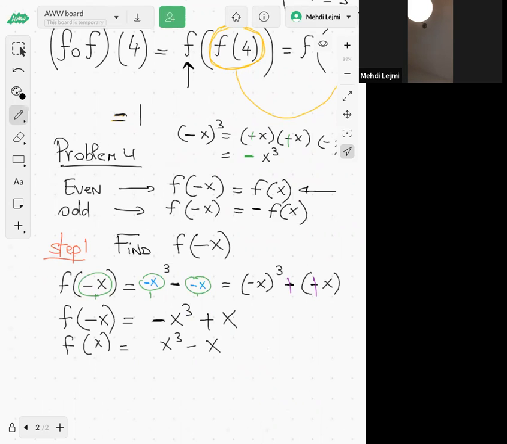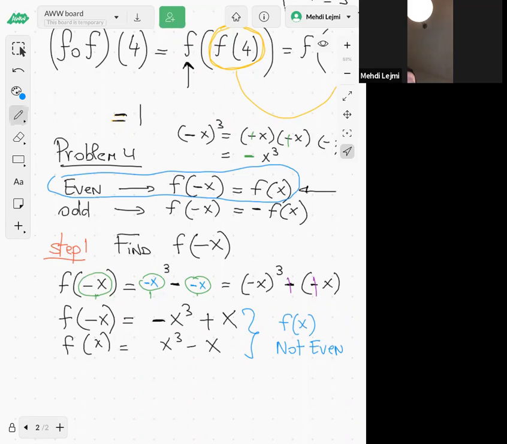So f of minus x and f of x are not the same, they are not equal. So this function is not even, obviously. Not even, because by definition, in order to be even, f of minus x must be equal to f of x, but they are different.